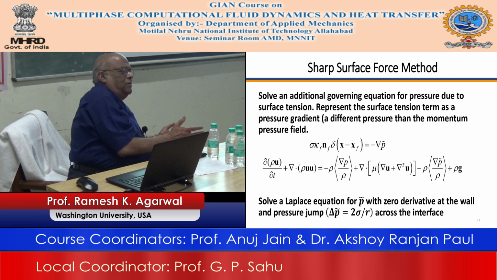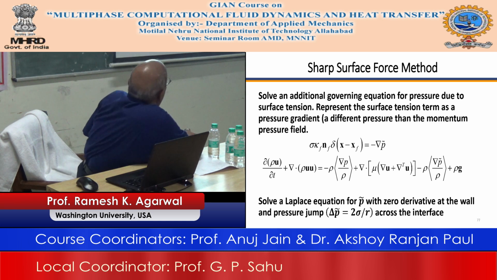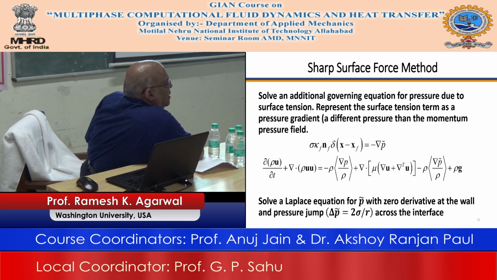I could have just said you can calculate it numerically, but the question is how it is really calculated numerically in the code. So what is done is that we say this term can be represented just like a pressure gradient. Again, this is a formulation, the best way numerically to treat it.